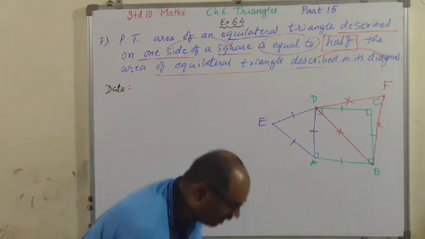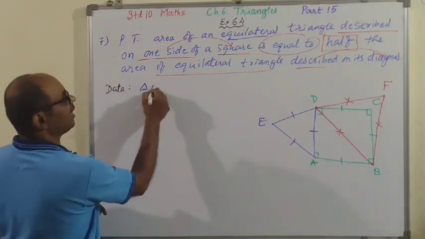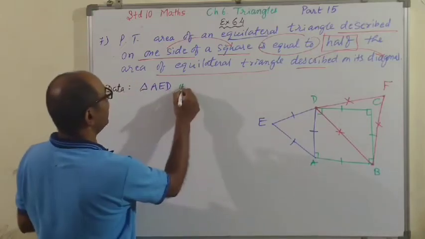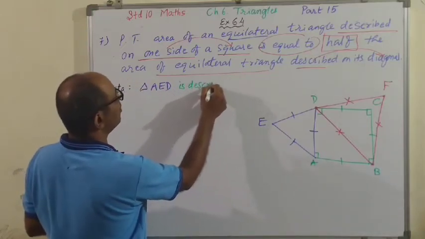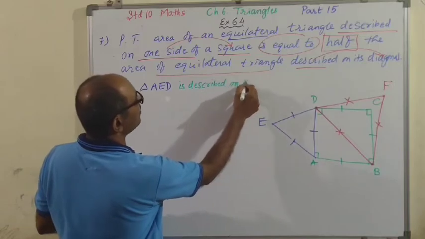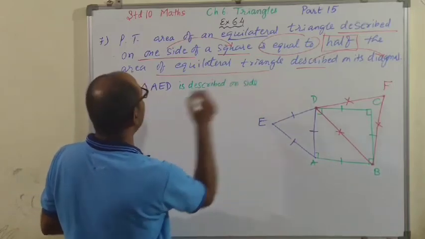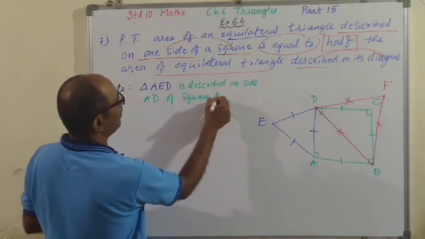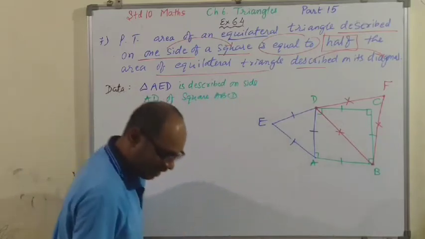Let's say blue triangle. Blue ही लिखता हूं. Triangle AED is described on side AD of square ABCD. ठीक है?